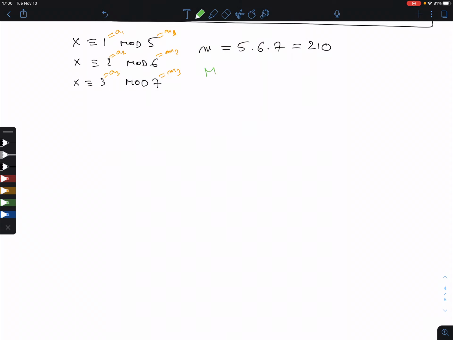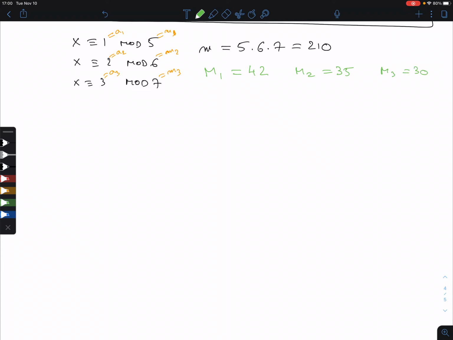Capital M1 is the product of the remaining two, that's 42. Capital M2 is the product of everything except the second one, that is 5 times 7. If there were more than that, I will do an example perhaps in the homeworks with 4 or even 5. So that's 5 times 7, and M3, that is 5 times 6, that is 30.